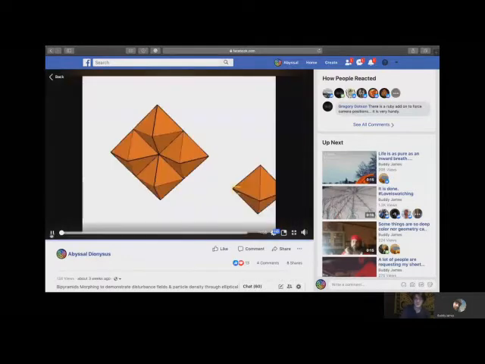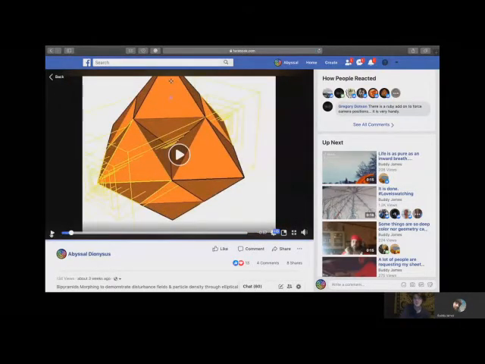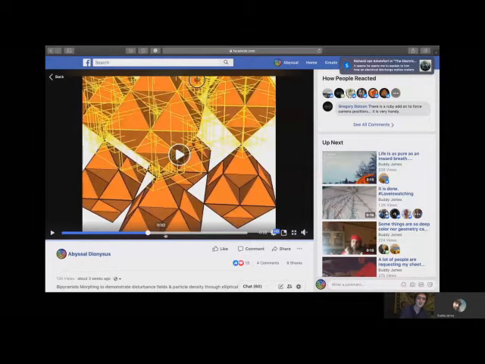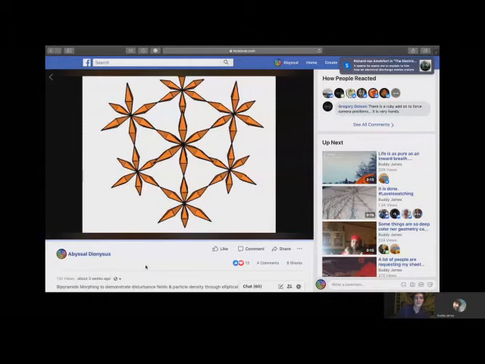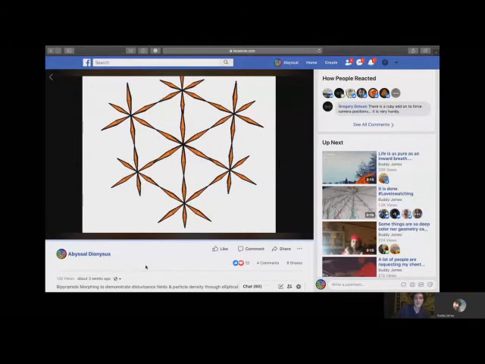So right here, you'll see these two petals kind of put together, and they're octahedrons, but these octahedrons get smaller and thinner, and then they get larger and elongate.